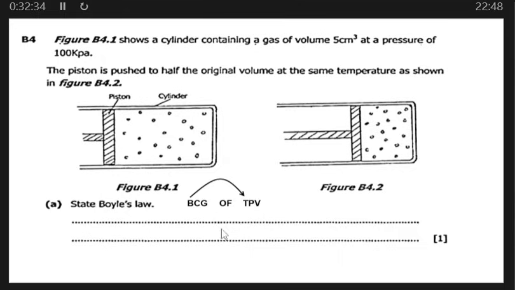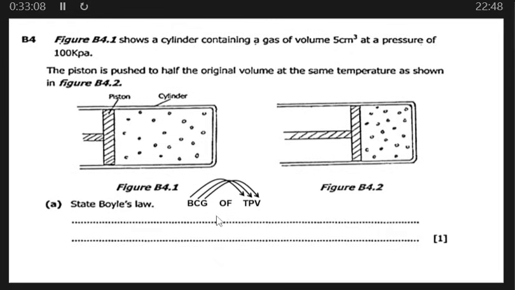Again, this one is Charles' law. Charles' law states that for a fixed mass of a gas at constant pressure, temperature is directly proportional to volume, meaning that when you increase temperature, you also increase volume, and when you decrease temperature of the molecules, you also decrease the volume. Then Gay-Lussac's law deals with constant volume.